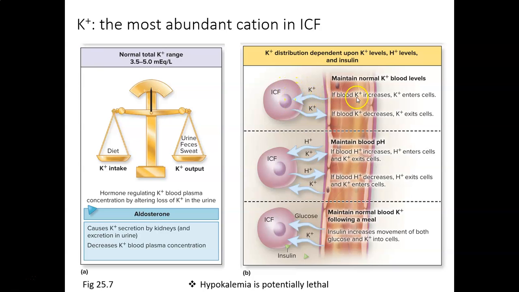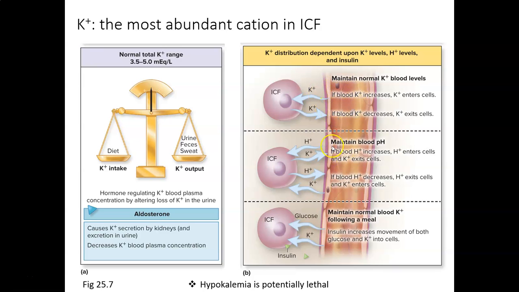If the blood potassium increases, then potassium is going to enter into the cells. If the blood potassium decreases, then potassium is going to come out of the cells, to keep the blood plasma potassium constant. It's low compared to sodium, but it's still important to keep the potassium blood level normal. So that's the one we're going to focus on today.